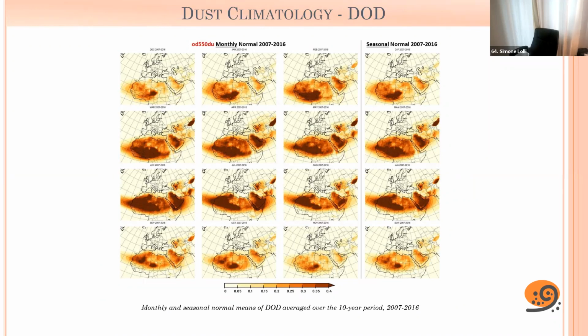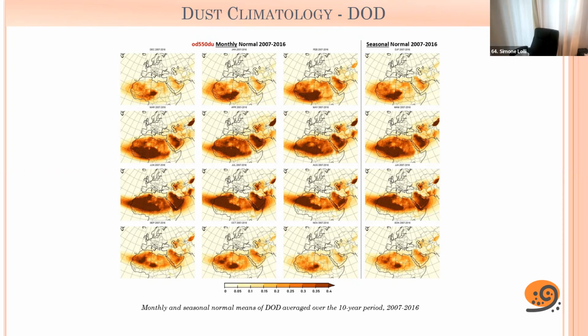Just to give you an idea about the climatological product of the MONARCH reanalysis, in this figure are shown the monthly normal and the seasonal normal results of the simulated DOD, where it is clear that it is characterized by an annual cycle.